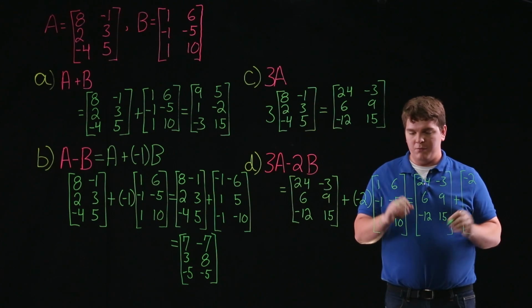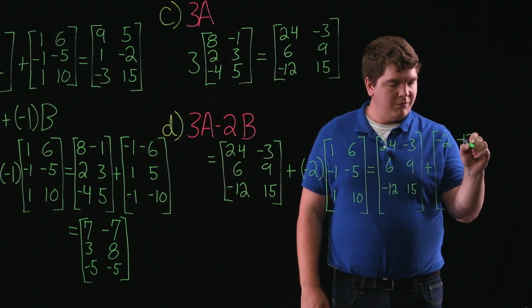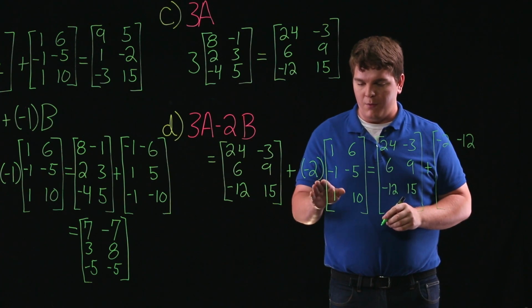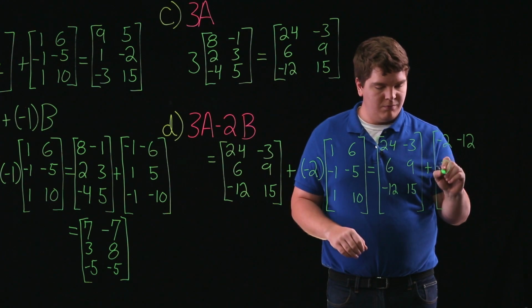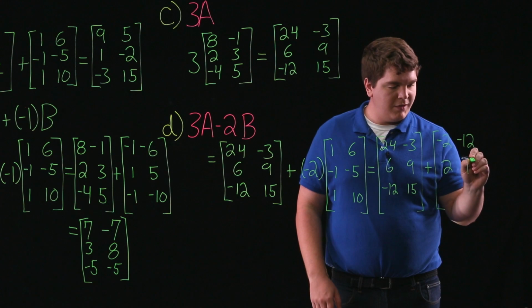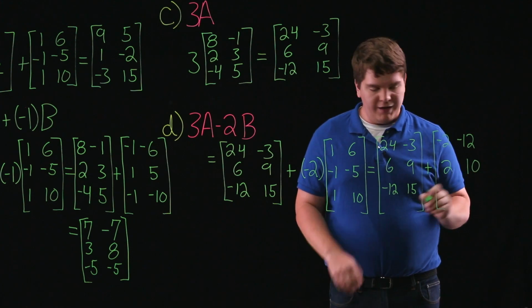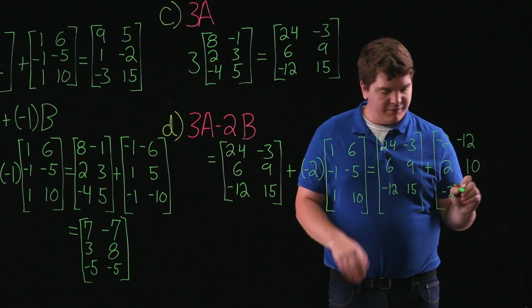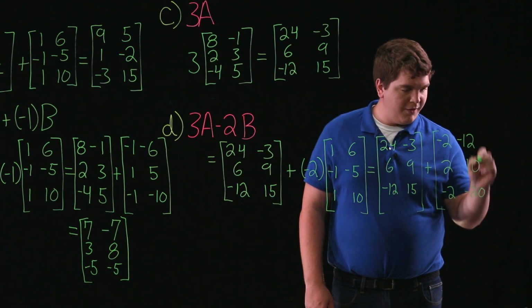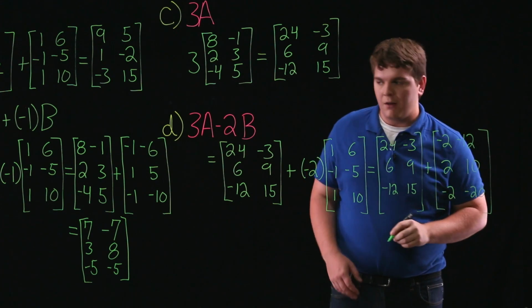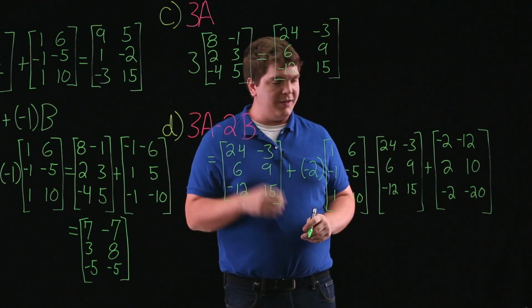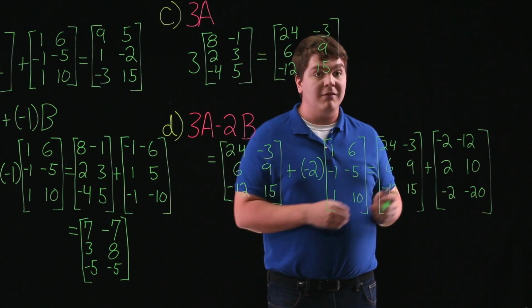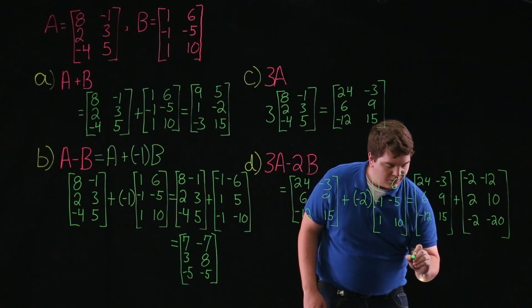So we'll have a negative 2, negative 12 in the first row. We'll have a 2 and a 10 in the second row. And we'll have a negative 2, negative 20 in the third row. Now to find 3A minus 2B, we just need to add these two matrices.